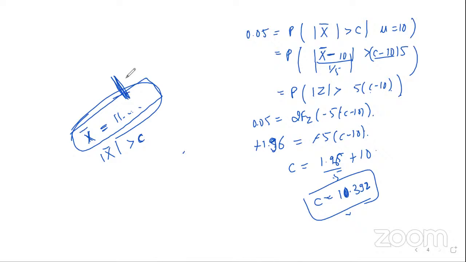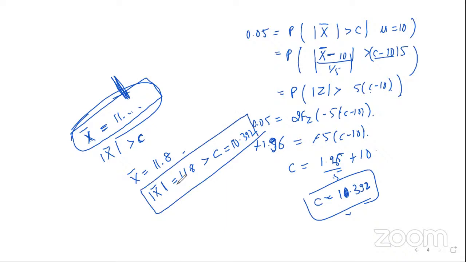What was the value? 11.8. Now this mod of X bar is nothing but 11.8, and this is greater than C, and C was coming out to be 10.392. So anyways, X bar is going to be greater than this C, so you are going to reject H0 at alpha equals 0.05. Got it. Thank you.